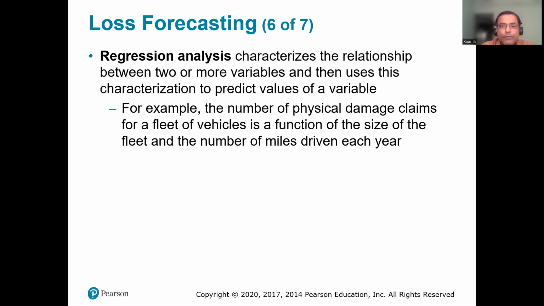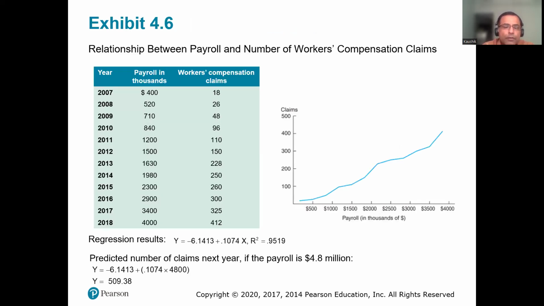So we know different factors and based on that we can predict the occurrence of loss. Okay. For example, in this case, we are looking at the payroll and its relation with workers' compensation. There is a functional relationship in the form of a linear function, and that can be used to predict the workers' compensation.